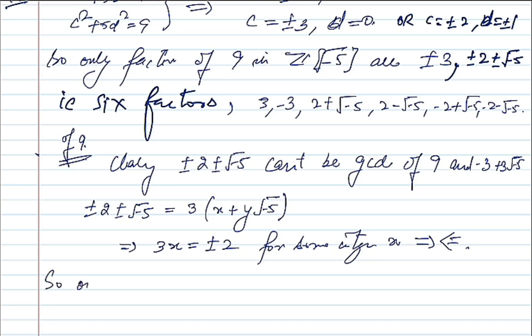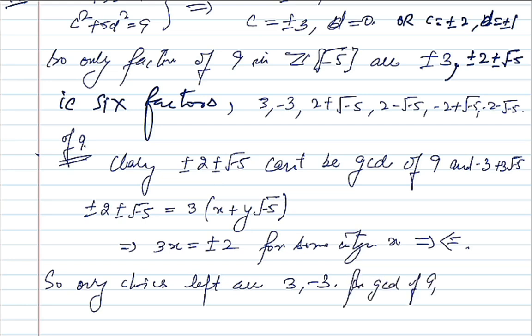So the only choices left are 3 and -3 for the GCD of 9 and -3 plus 3 square root -5.